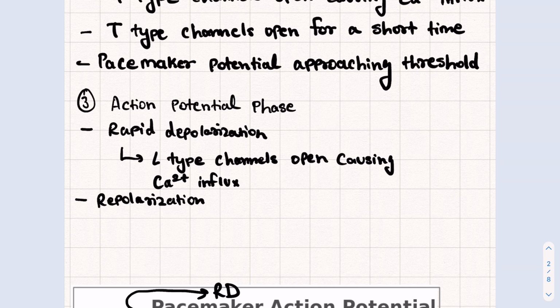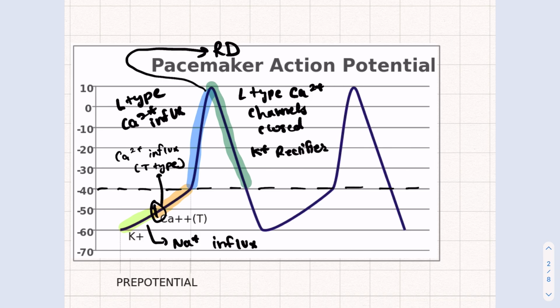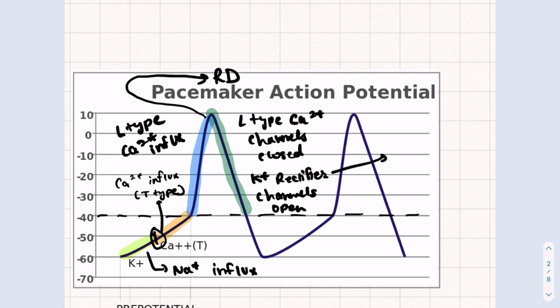And this is what causes repolarization. Coming back to the pacemaker action potential, this whole phase is repolarization, and during that, the L-type calcium channels are closed and K plus rectifier channels open. And this K plus rectifier channels opening causes K plus to move out.